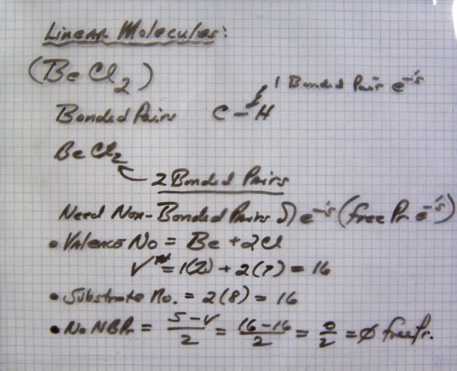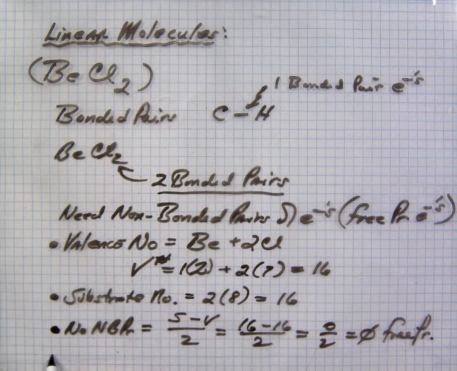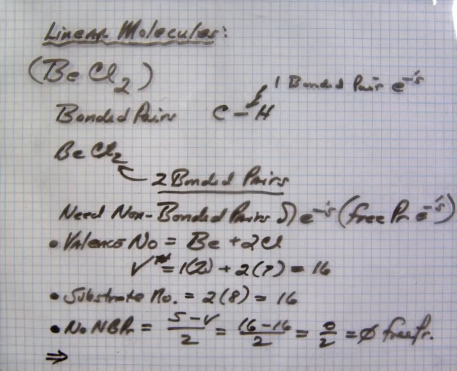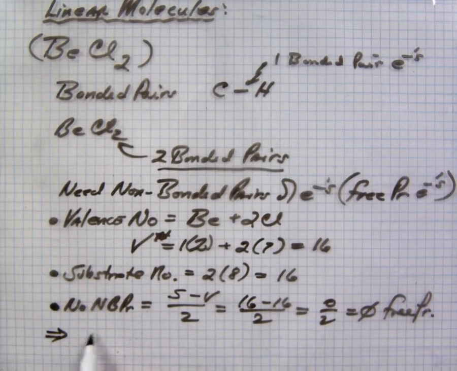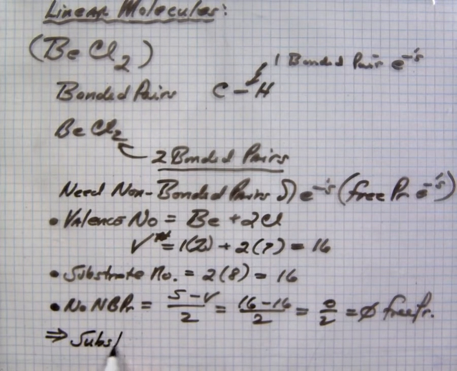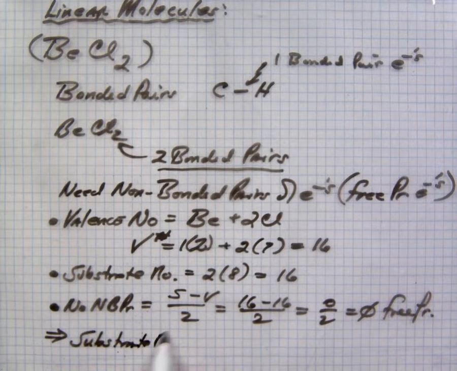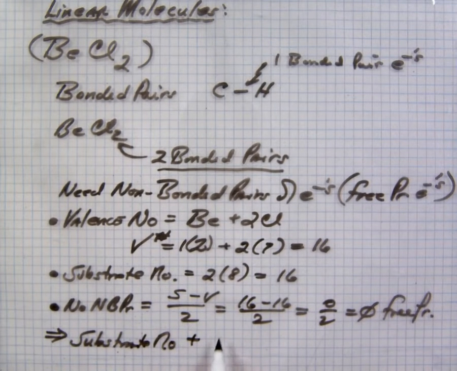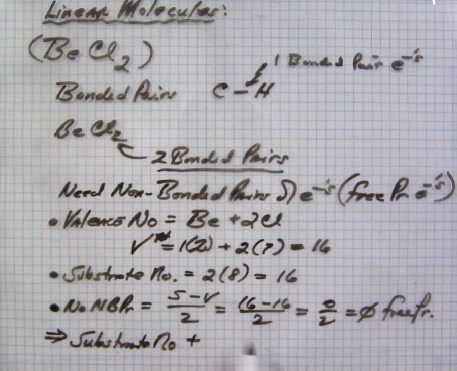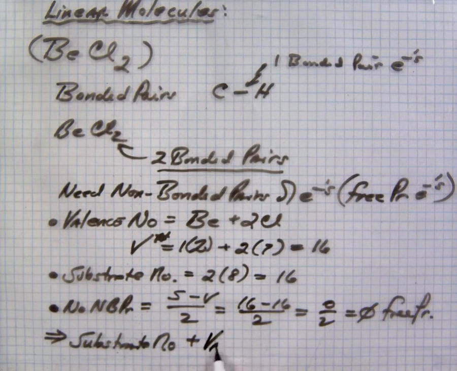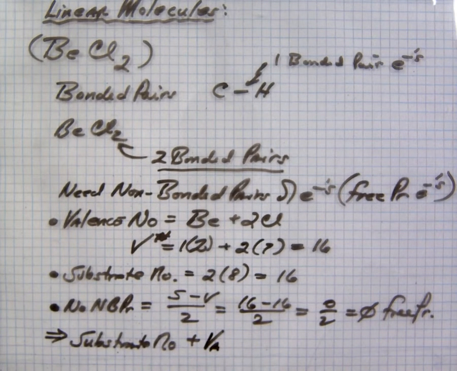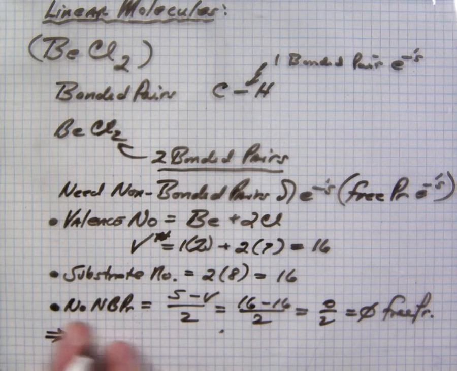Okay, now what you're after here is the sum of the substrate number and the valence number. So to define the geometry, you need the substrate number plus the valence number. I'm sorry. Sorry.